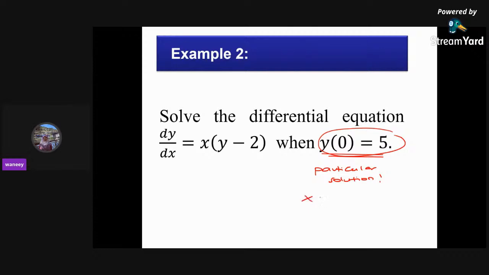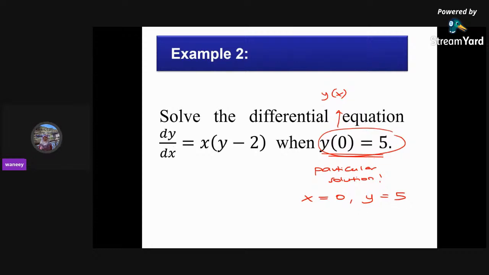It simply means that when x is equal to 0, y is equal to 5, because when we write down y(0), it means y of x, so the x is 0, the y is 5.